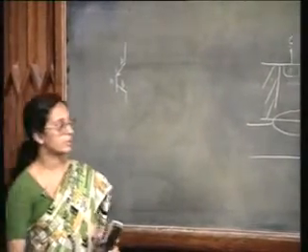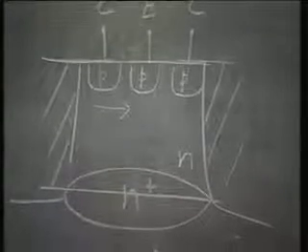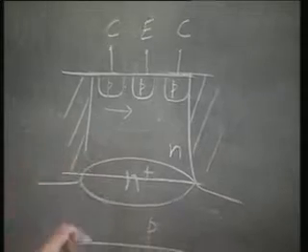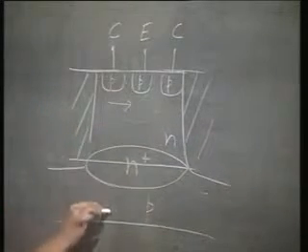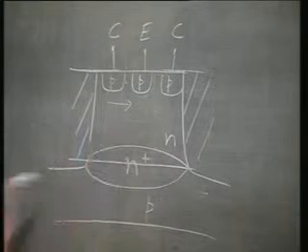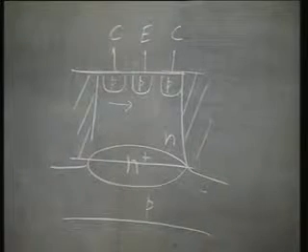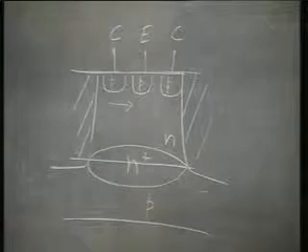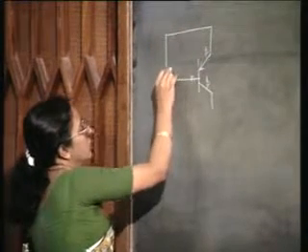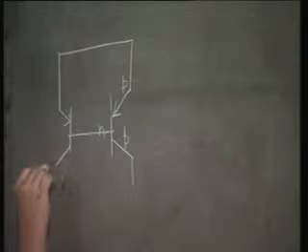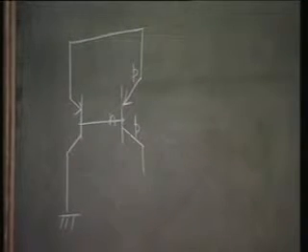Now, look that there is another PNP transistor also available in the same diagram. What is that PNP transistor? One is collector, base, substrate, emitter, base, substrate. In both cases the bases are common. So, I have this base, I can think that the substrate is grounded.